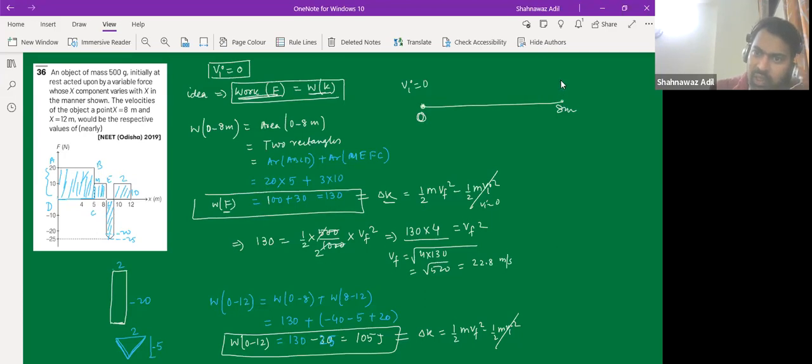In here, whatever the speed is, let's say that is v. So we want to calculate this v. And what do we know from the work energy theorem? That would be half m v final square minus half m v initial square. This is 0, so only this much we get. And this thing we are calculating from the graph.